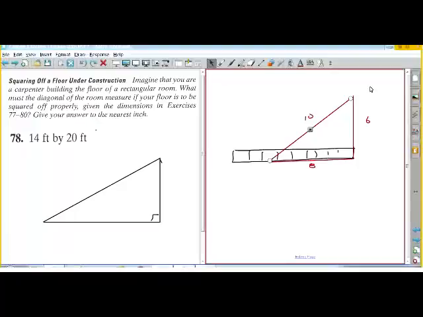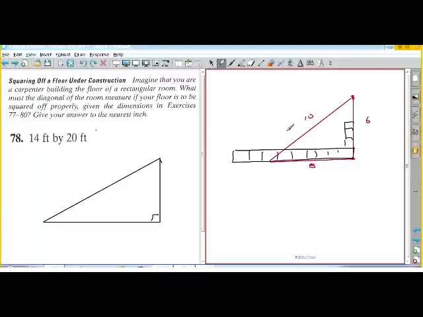So the person here holding the string meets the person holding the other string, and they'll have the strings taut, and then they'll put a stake in the ground right where these two run into each other. Then you take this stake and a piece of string and pull it tight, and then you build your wall this way.